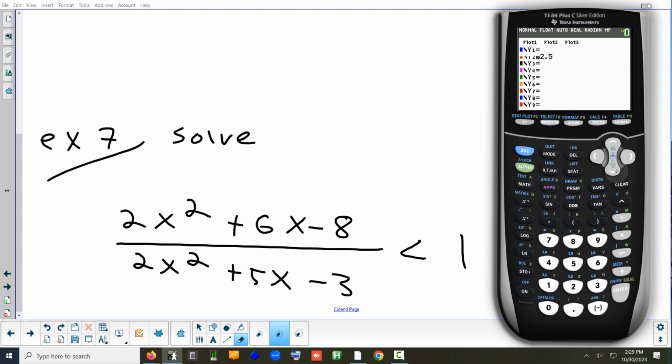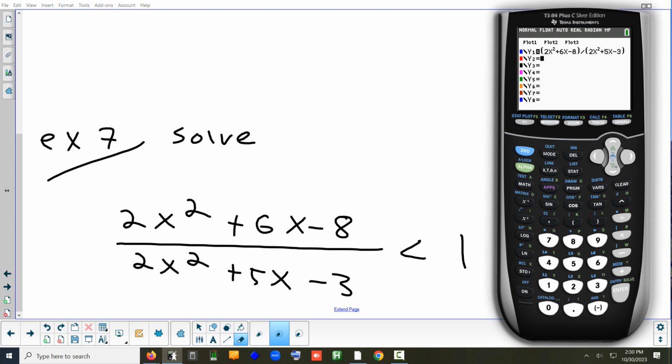What symbol do you think I'm going to have to make sure I use with the numerator and the denominator? Parentheses. So 2x squared plus 6x minus 8, and then divide by 2x squared plus 5x minus 3.